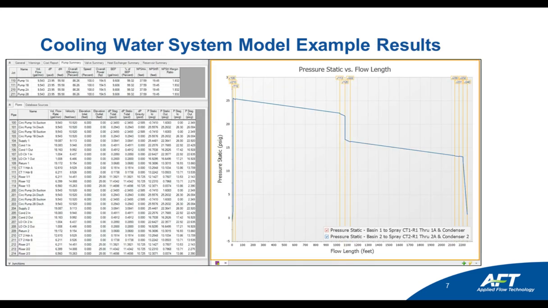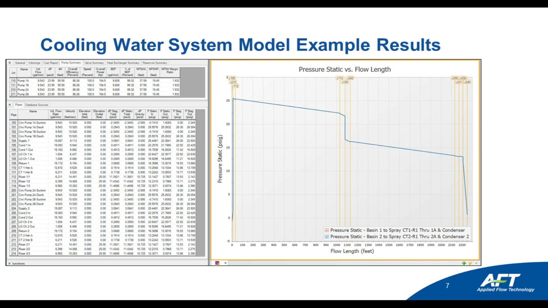This is an example of what the results might look like for a system like that. There are some results for the pumps in the upper left table, where you can see the flow rates, pressure and head increases across each of the pumps, the efficiency they're operating at, and NPSH comparisons, so that contains a tabular format for your pump operating data.